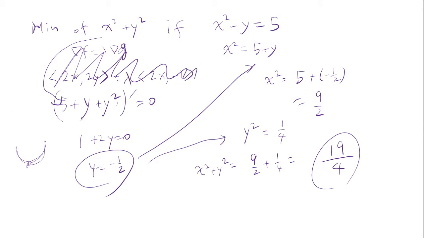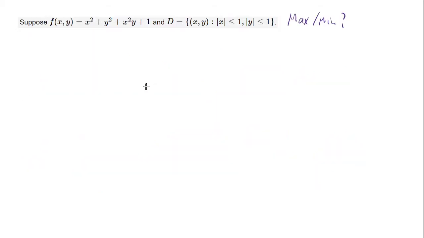Alright, so let me show you another question where this type of thinking applies. This is a question where you're again given a two variable function, but this time you're trying to find the max and min on a closed domain which has an interior. So let's first think about what this means.